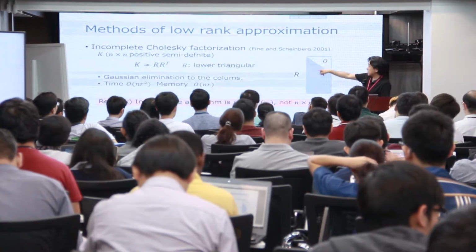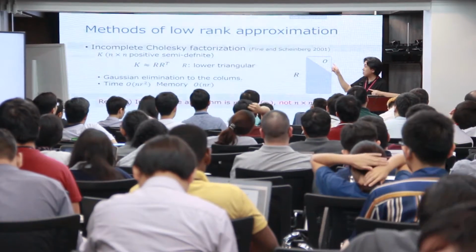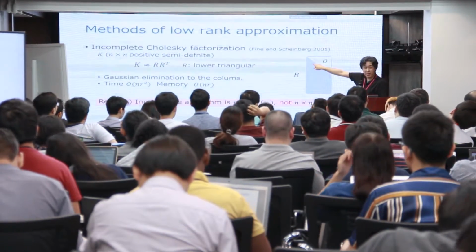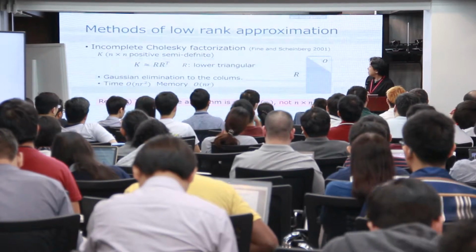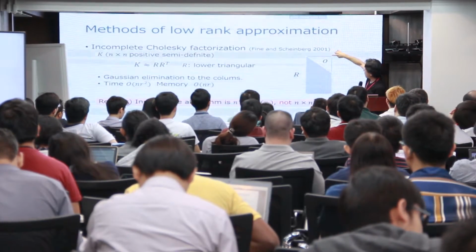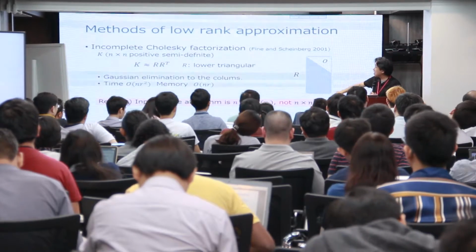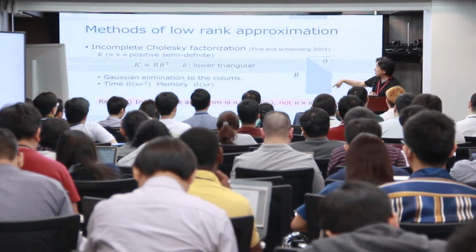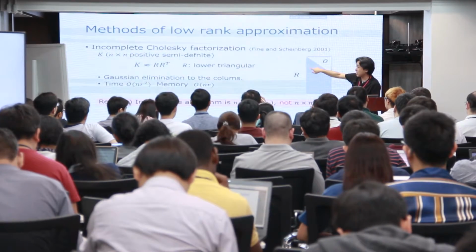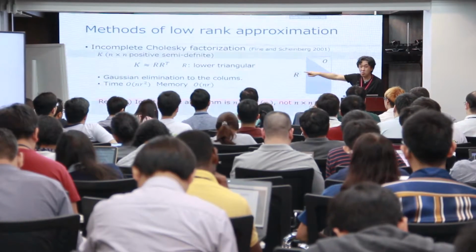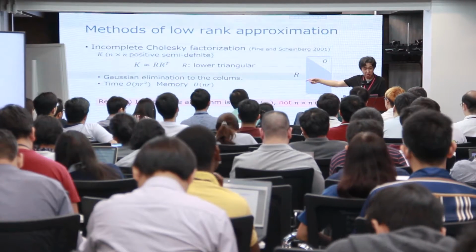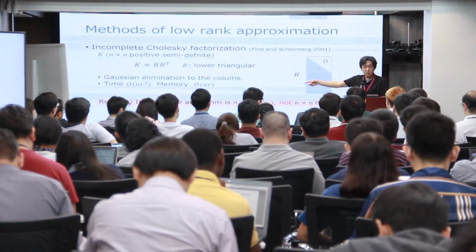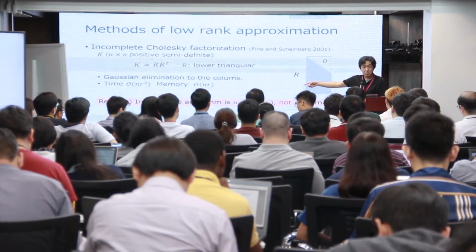Yeah, the elements are just n times R, but in computing each element, we use a trick like this, so we need an R squared operation.